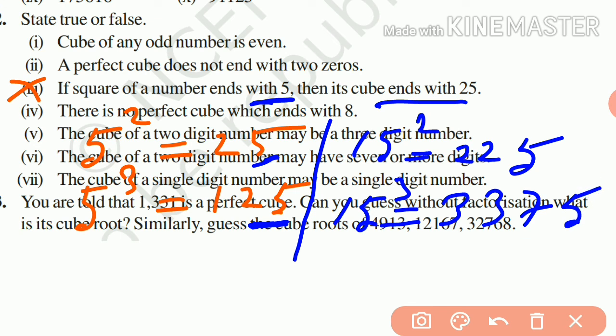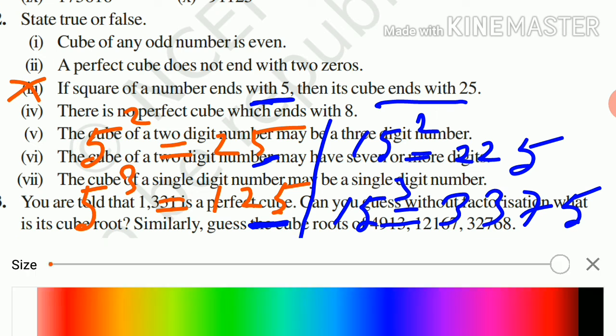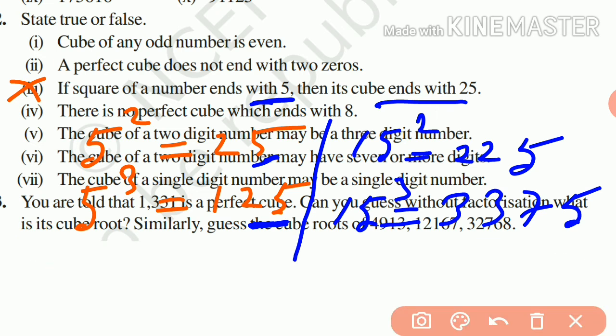Here the square of 15 ends with 5, but cube of 15 doesn't end with 25. It ends with 75 and its square ends with 5. So this statement is false.